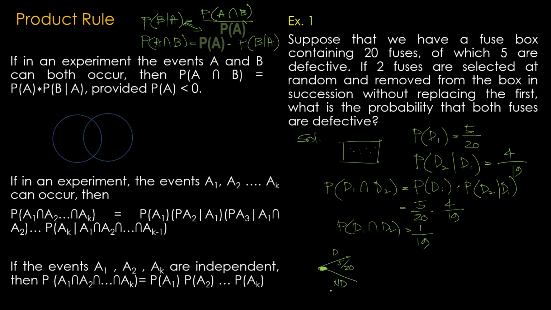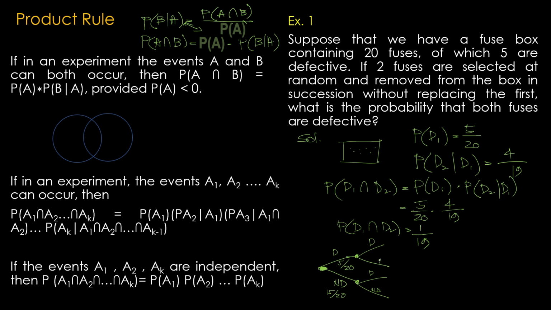And the probability of drawing a non-defective fuse would be 15 over 20. After you've drawn a fuse, you again have 2 choices. It can be defective or non-defective.